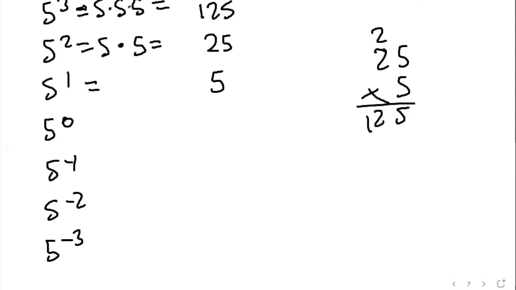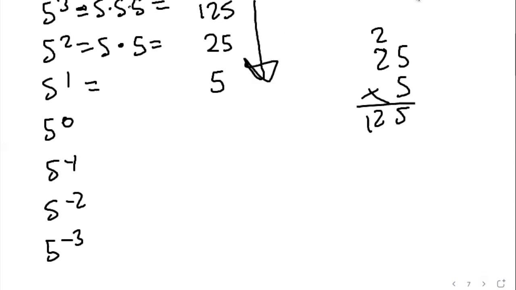Is there a pattern there? If I gave you that list, 125, 25, and 5, would you notice any pattern? It looks like we're dividing by 5 each time. 125 divided by 5 is 25. 25 divided by 5 is 5.